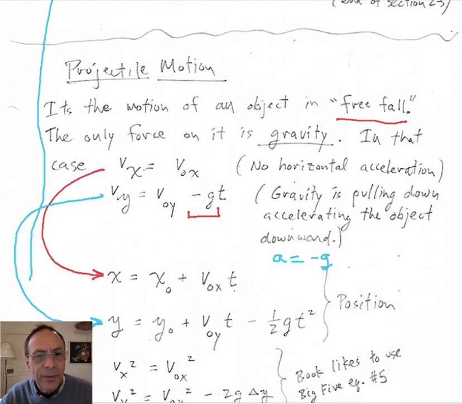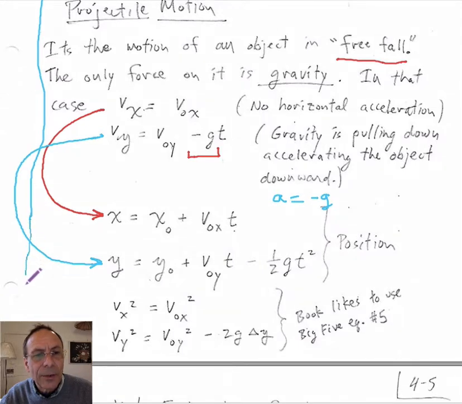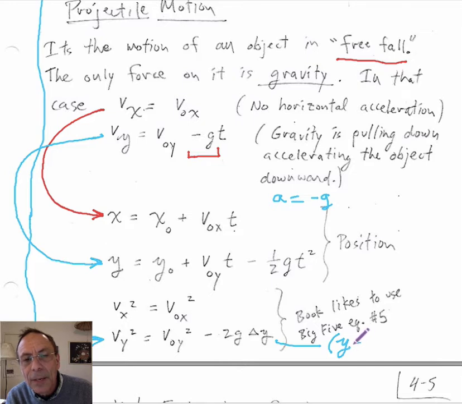So now we have the y velocity squared equals the beginning y velocity squared minus twice gravity times delta y. And here the delta y is the y position minus the beginning y position, like that. Okay, so that's what that is.